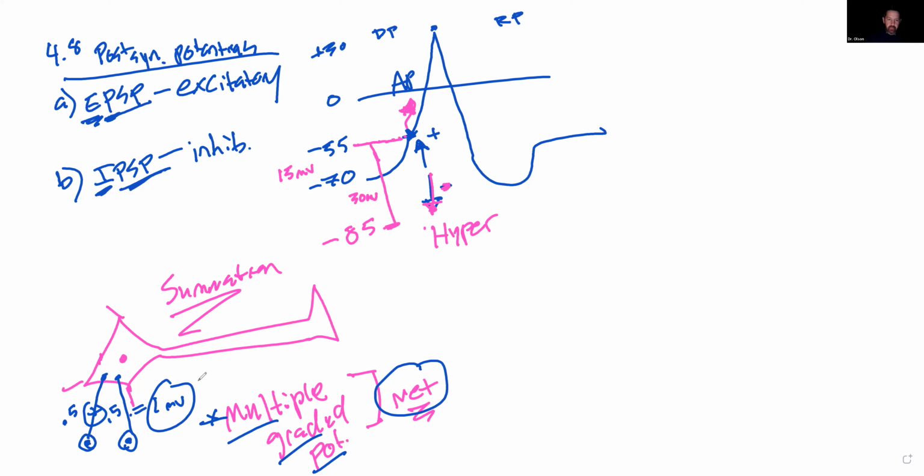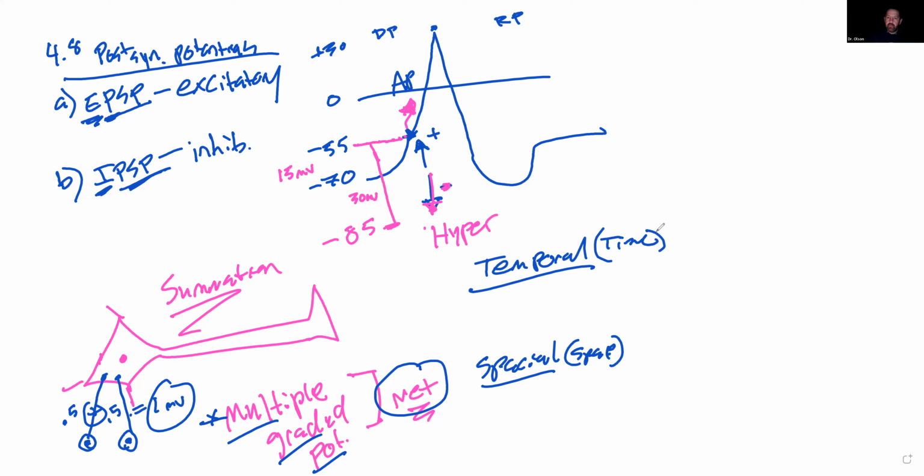And then we can further subdivide summation into temporal and spatial, okay? Temporal means time, and spatial means space, in space. So in space and in time, okay?